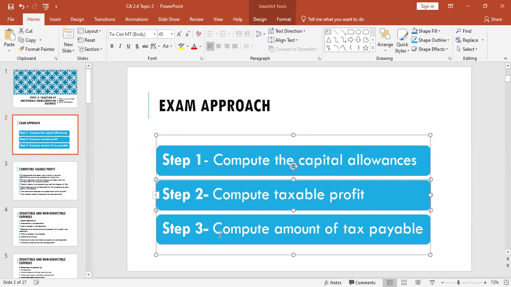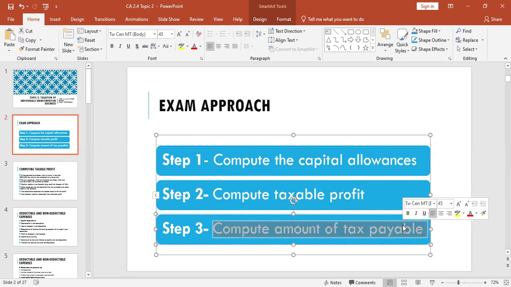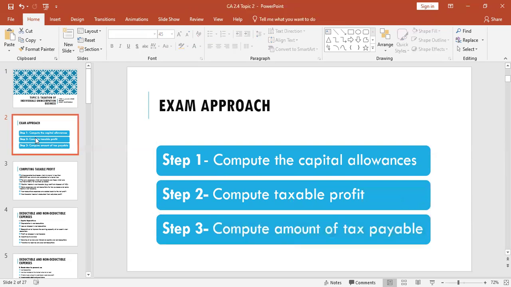So after you calculate the capital allowances, you compute the taxable profit. Then from the taxable profit, you deduct the capital allowances. Then at the end of the section, maybe part C of the question, you'll be told to calculate the taxable profit.